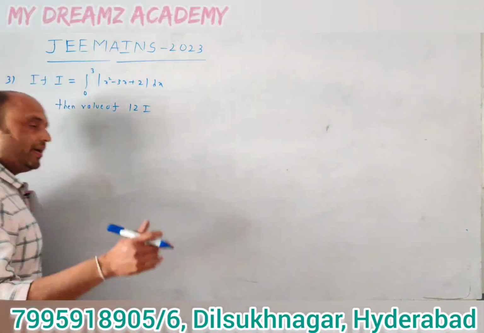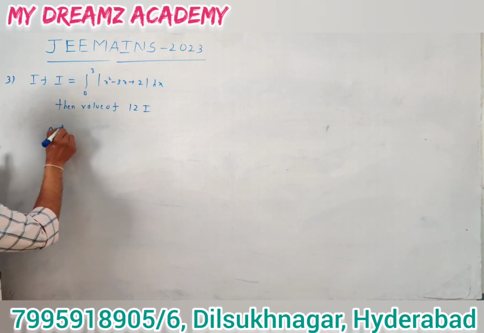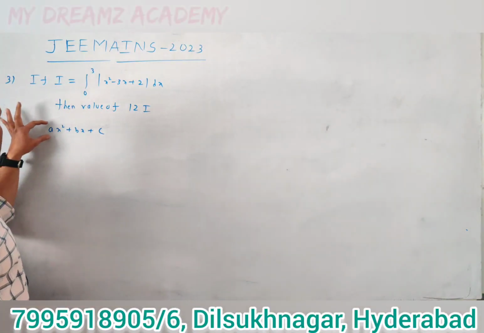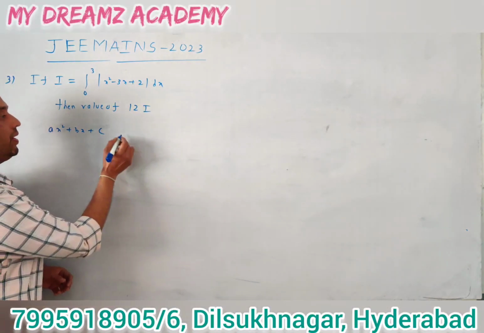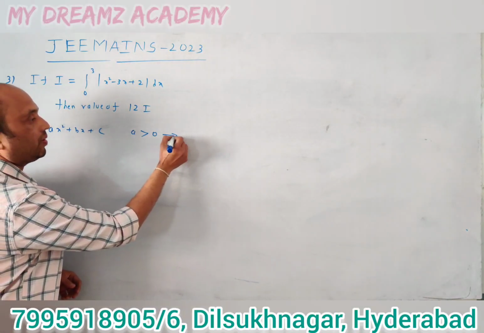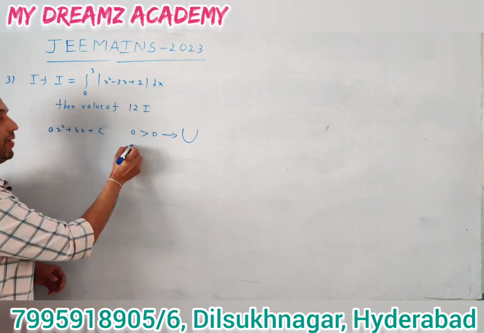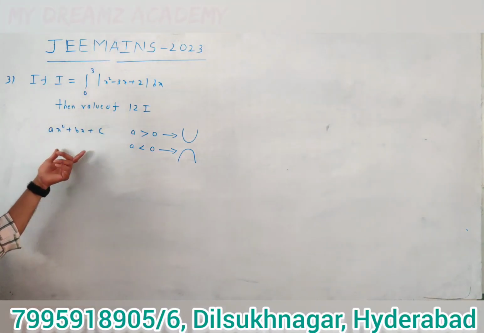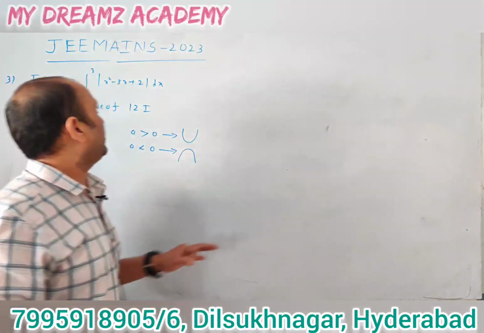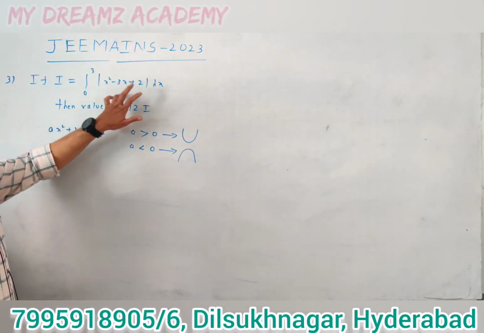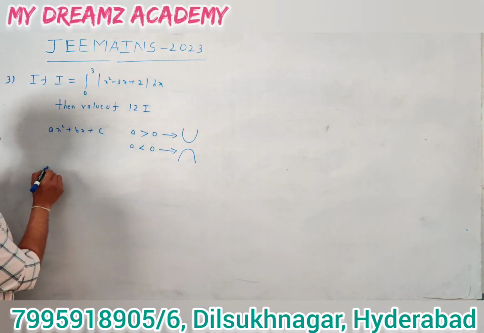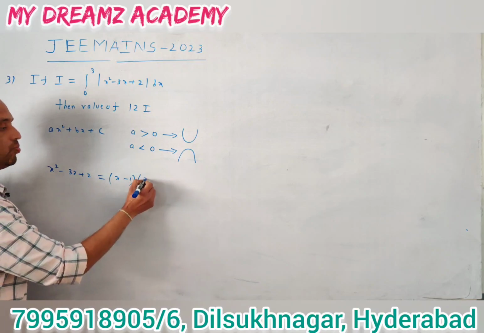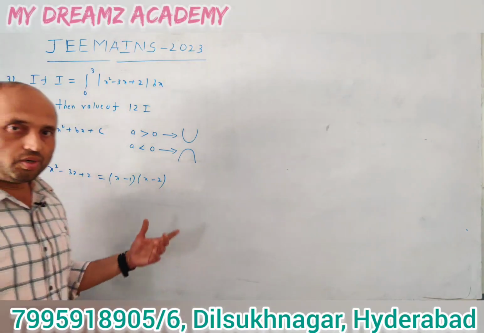Here we already know that in ax square plus bx plus c, a is the leading coefficient. If a is greater than 0, that curve represents an upward parabola. If a is less than 0, then that curve represents a downward parabola. Now x square minus 3x plus 2 factors as x minus 1 into x minus 2.